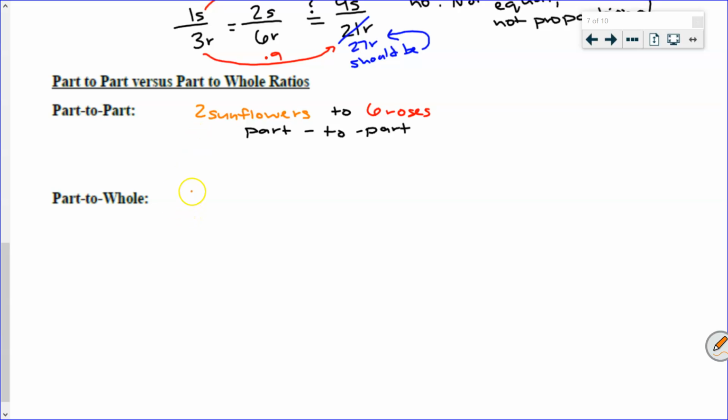This is like 2 sunflowers, but instead of this time comparing it to the 6 roses, I'm going to compare it to the whole 8 flowers in the bouquet. 8 flowers in the whole bouquet.